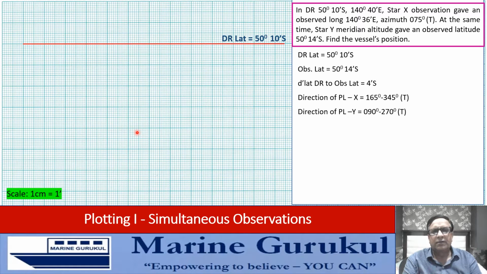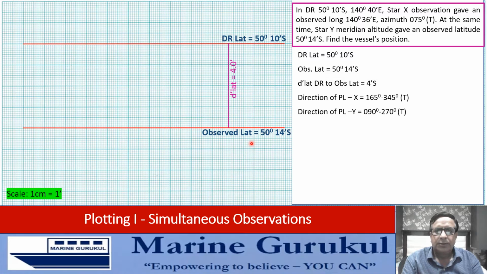So the observed lat has to be 4 minutes south of the DR. So we go 4 minutes south, d lat 4 minutes south, and we draw the observed parallel of latitude out here. Now, in this case, the meridian that we shall need would be the observed long. So we draw the observed long.